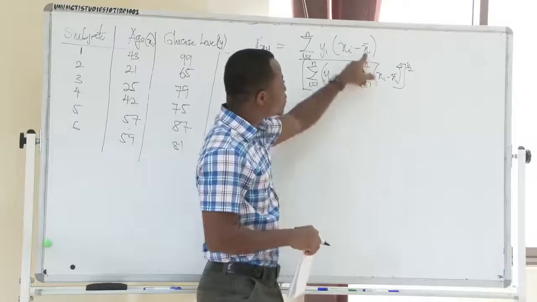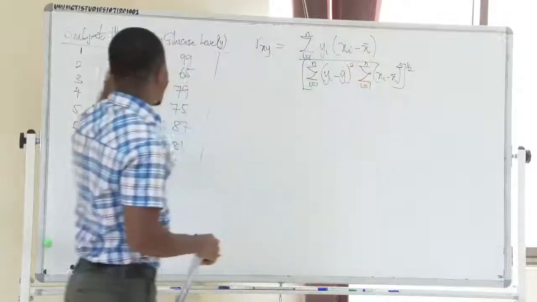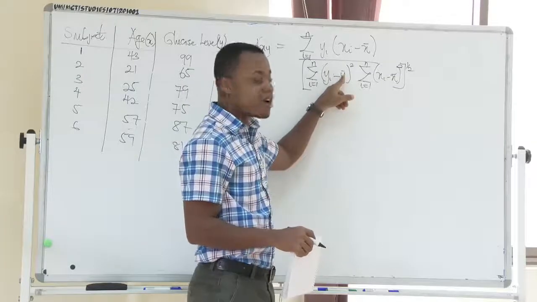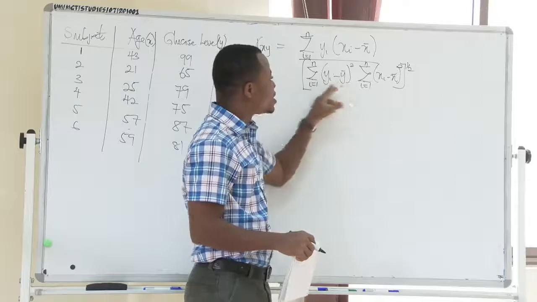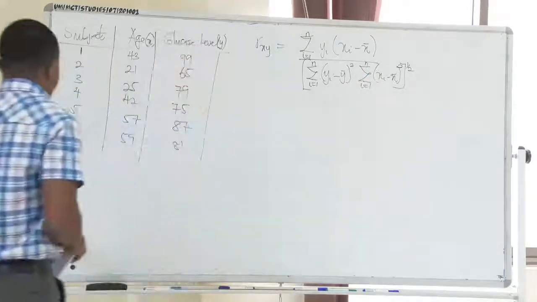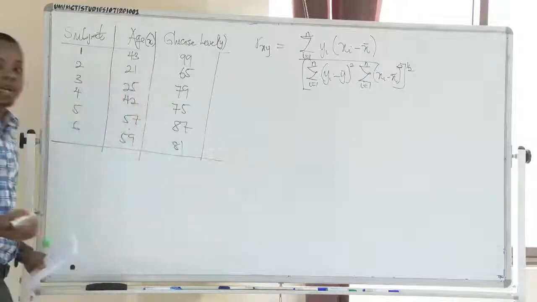So first, all that we have to do is just estimate the mean of our first variable, which happens to be our age. Estimate the mean of the second variable, which happens to be the glucose level. Then after that, we have to just find their summations, and we are done. Okay? So let's look at this. Let's see how to determine the summation, which is the same as the total.